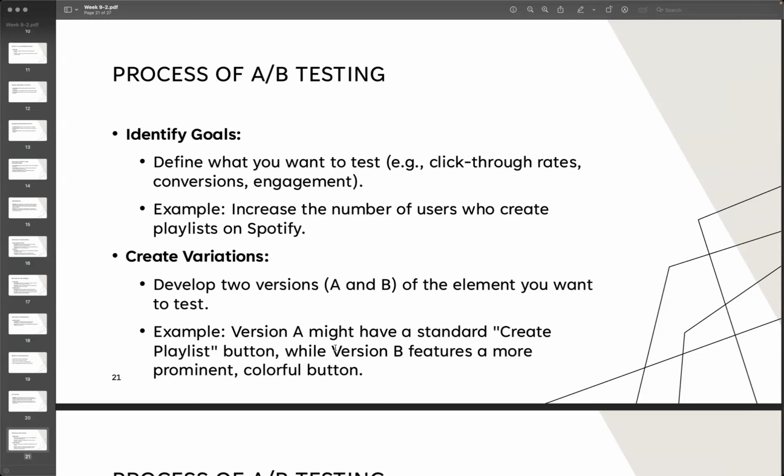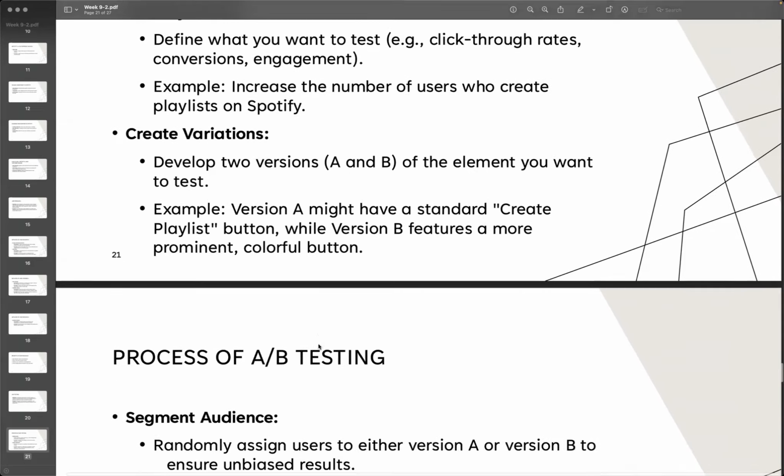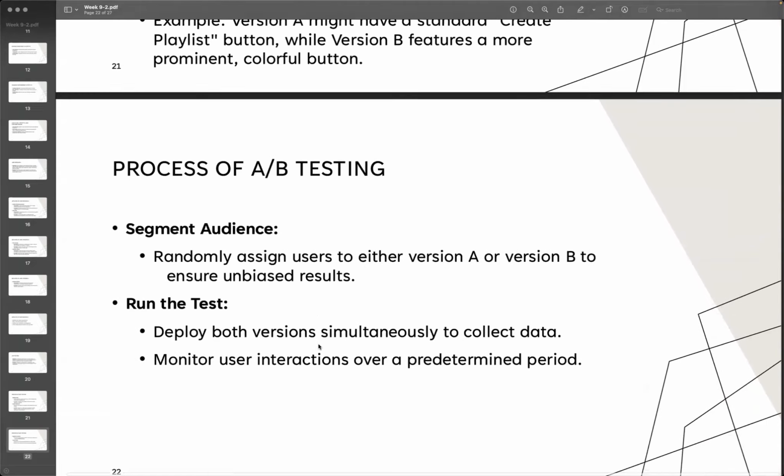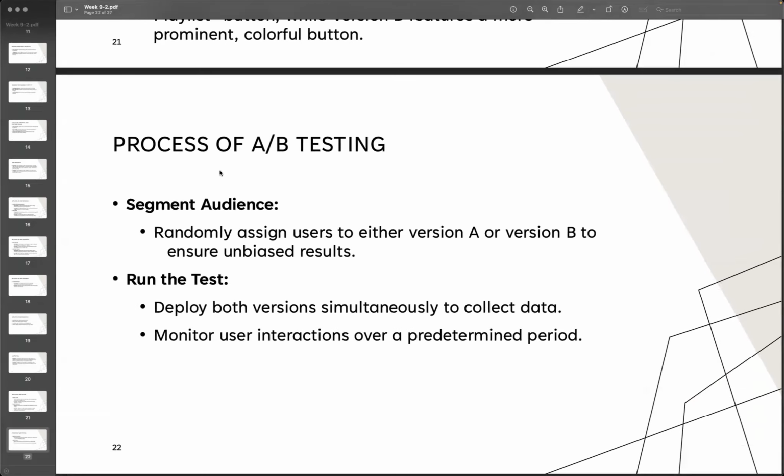Okay. So if we make this, then when we move on, we segment the audience. Randomly assign some users to either version A or version B, to ensure unbiased results. So after that, we do the testing, deploying both versions simultaneously to collect the data.